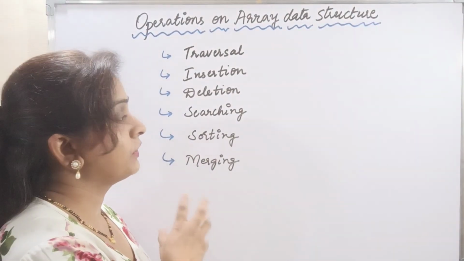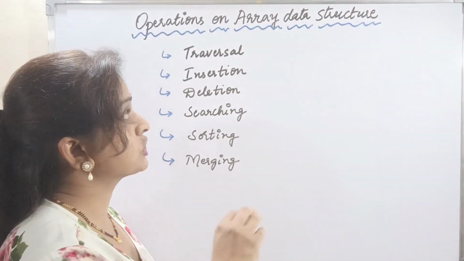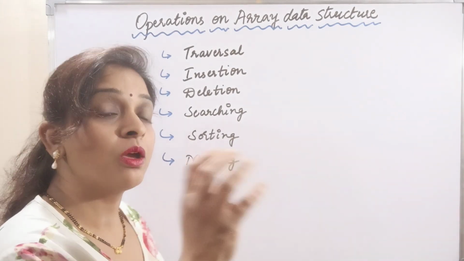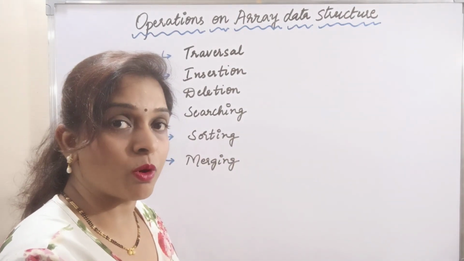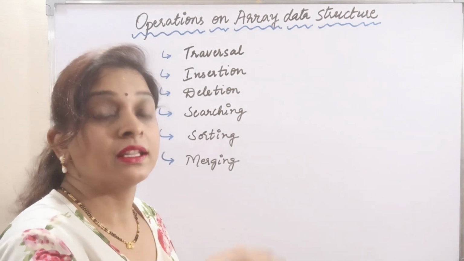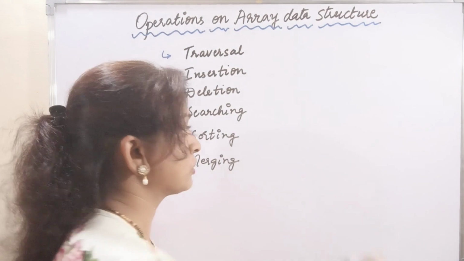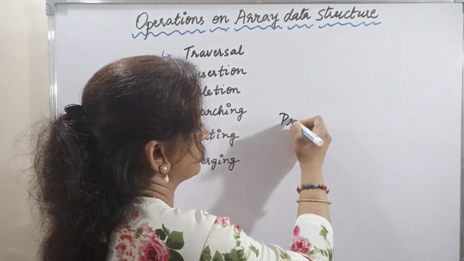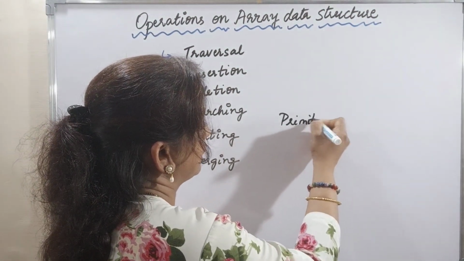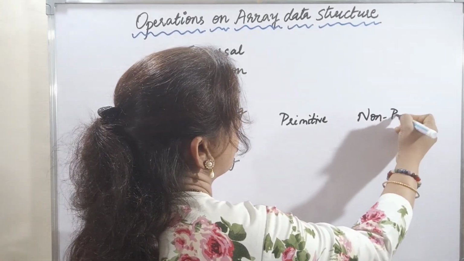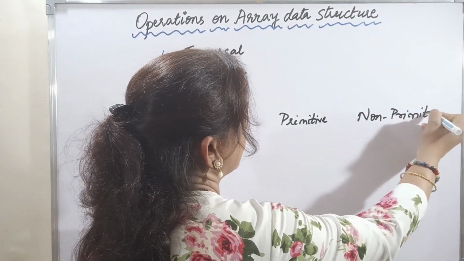So here we have the operations. The operations that we can perform on the array data structure are the same as the operations that we perform on the non-primitive data structure, that is, linear data structure. Under non-primitive we have linear. So we have two types of data structure: primitive data structure and non-primitive data structure.